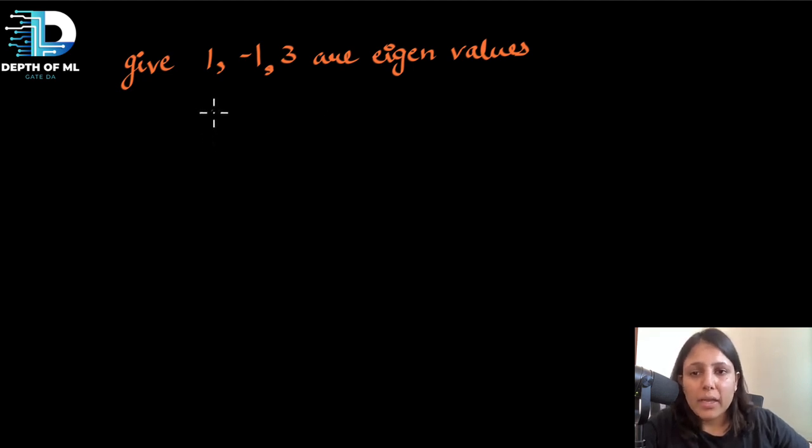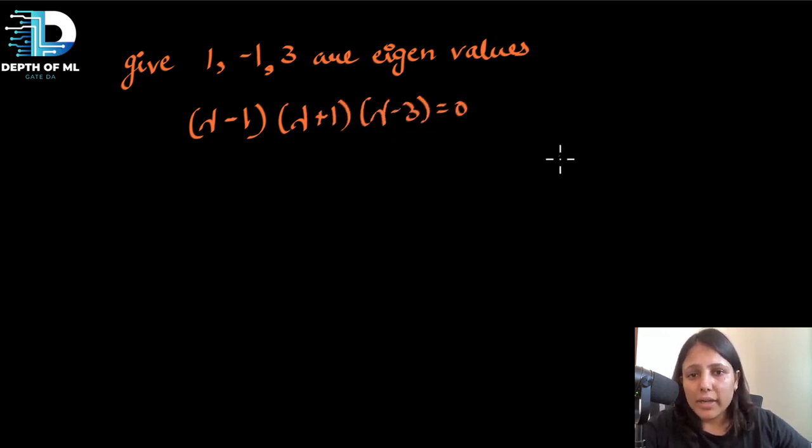So if I denote the eigenvalue with lambda, then lambda minus 1, lambda minus -1, which is lambda plus 1, and lambda minus 3 should give the characteristic polynomial.